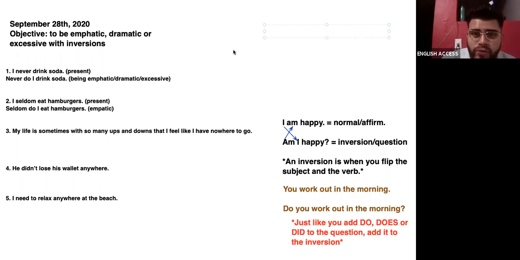But the usual formula for this is adverb. In this case we have never, seldom, or nowhere. Those are all adverbs. One of them is a frequency adverb, and nowhere is an adverb of place.